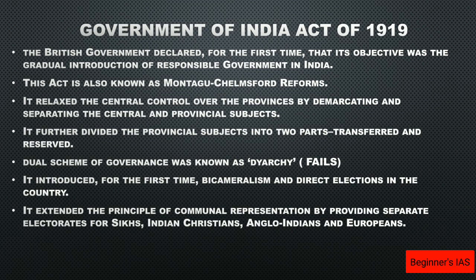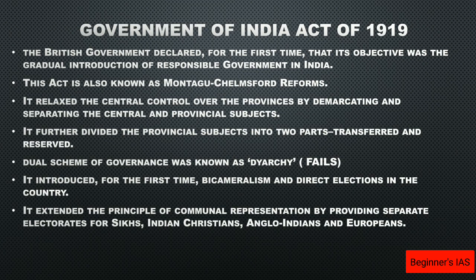Kindly note the difference. In the Act of 1909, it was introduced for the Muslims. In 1919, it was extended to Sikhs, Indian Christians, Anglo-Indians, and Europeans. These are the differences one has to note while studying.